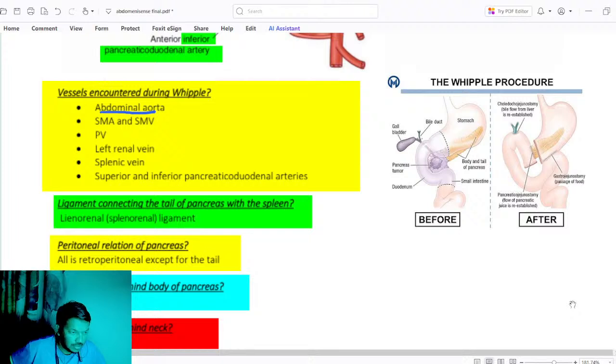Vessels encountered during Whipple surgery: abdominal aorta, superior mesenteric artery, superior mesenteric vein, portal vein, left renal vein, splenic vein, superior and inferior pancreaticoduodenal arteries.